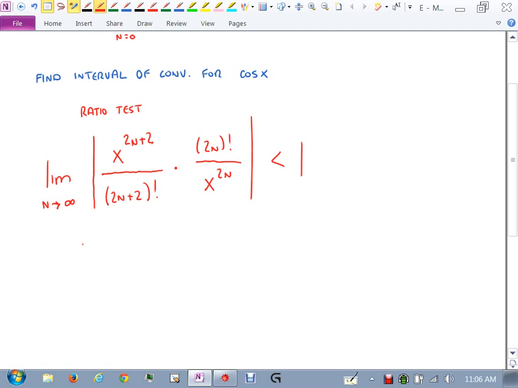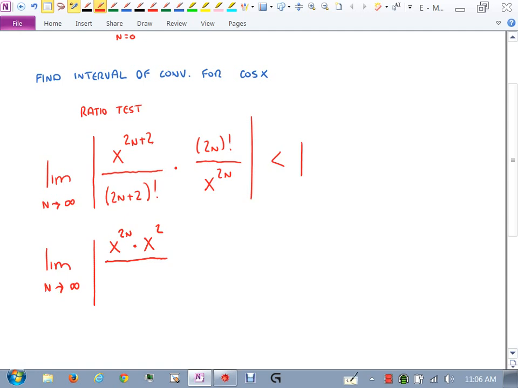And let me just rewrite some stuff here. This is the limit as n goes to infinity. I can rewrite x to the 2n plus 2 as x to the 2n times x to the second power over. Now the 2n plus 2 factorial, I wrote it down up here because, again, there were some issues on the test with that. You're peeling off one at a time, right? So you're subtracting one from this, subtracting one from this.